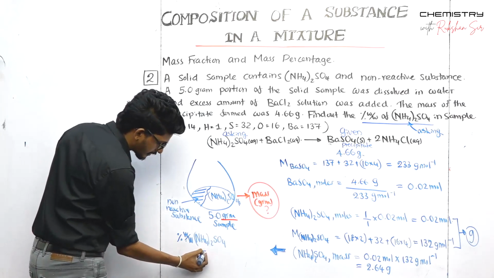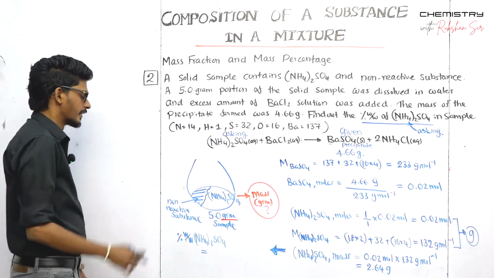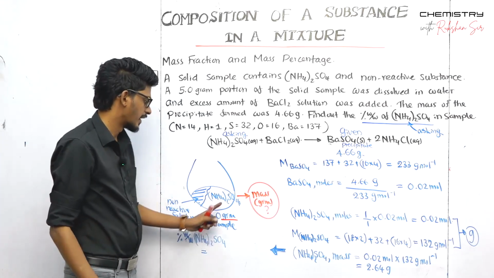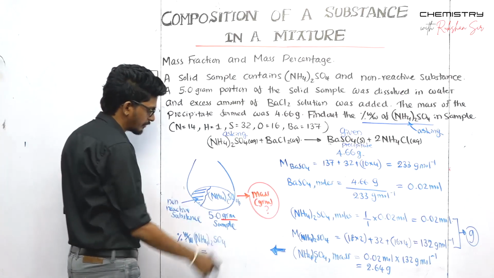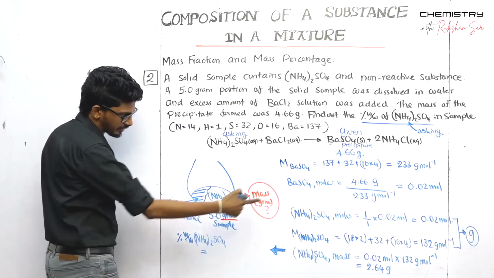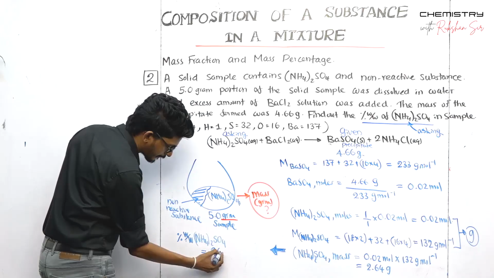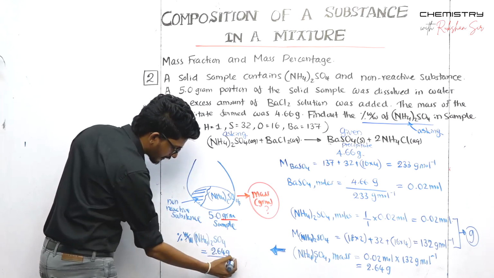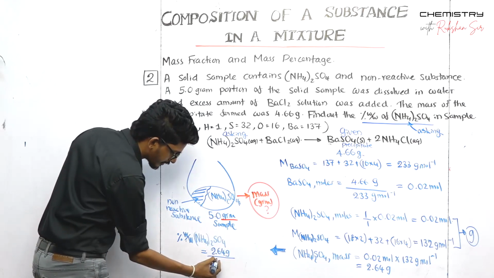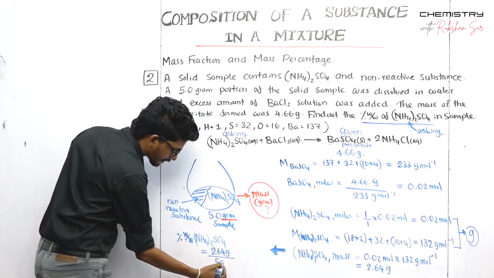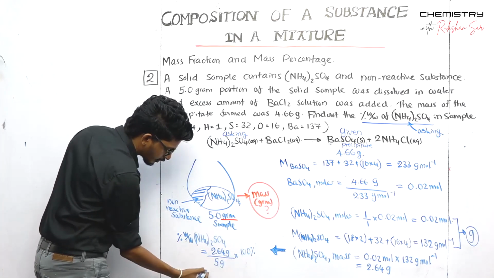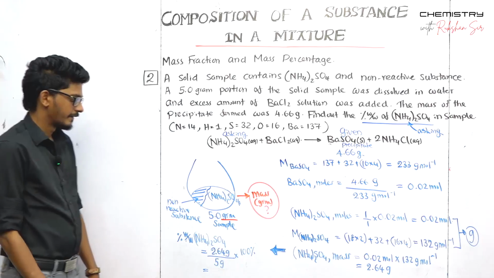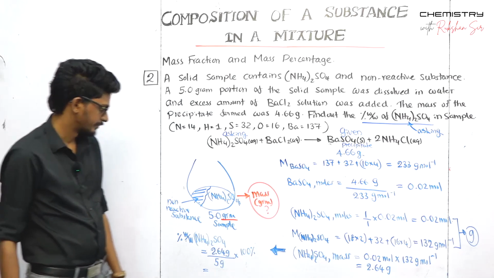What we do is divide the mass of the ammonium sulfate by the mass of the sample. Both should come up with the same units. So the mass of ammonium sulfate is 2.64, divided by the mass of the sample, that is 5 grams. Then we have to multiply by 100%. So that will give you the value as what?